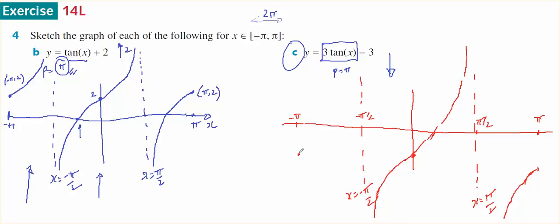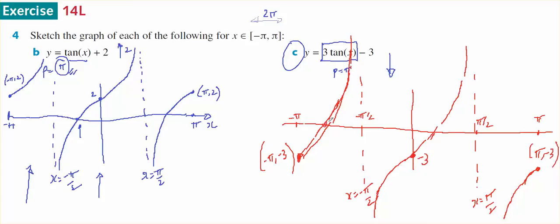So that's going to be minus pi and minus 3. That's going to be pi and minus 3. That's going to be minus 3.